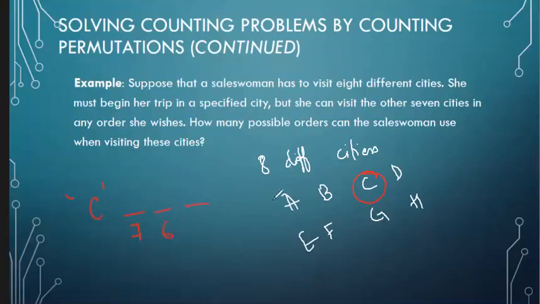After that, she has visited 3 cities, she will have 5 choices. So similarly, in this way, we will have 7 into 6 into 5 into 4 into 3 into 2 into 1.